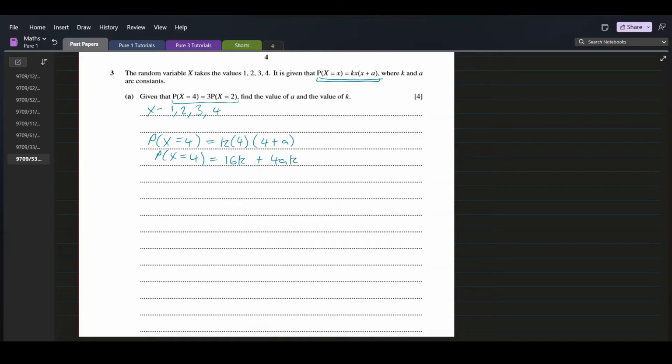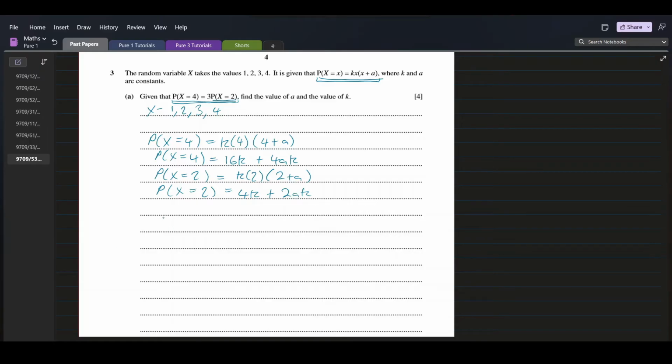And then we also have to evaluate the probability that X is equal to 2. So the probability that X is equal to 2 is equal to k times 2 times 2 plus a. And if we expand everything, that's the probability that X is equal to 2 is equal to 4k plus 2ak.